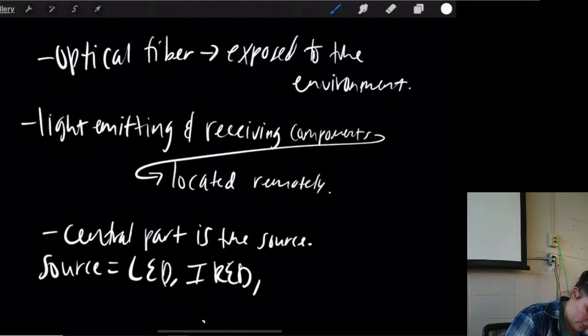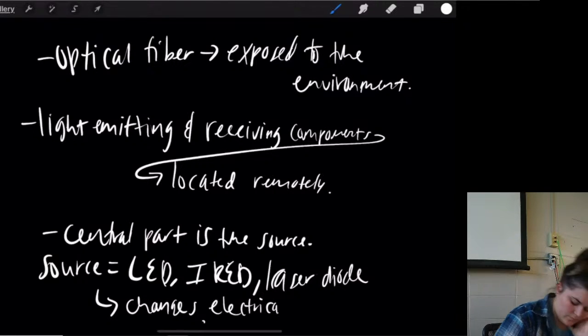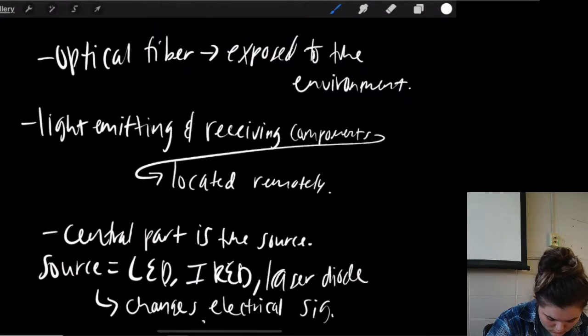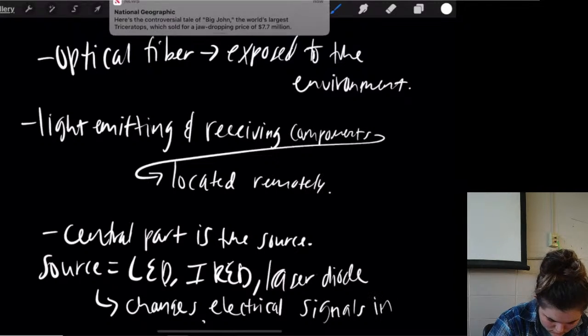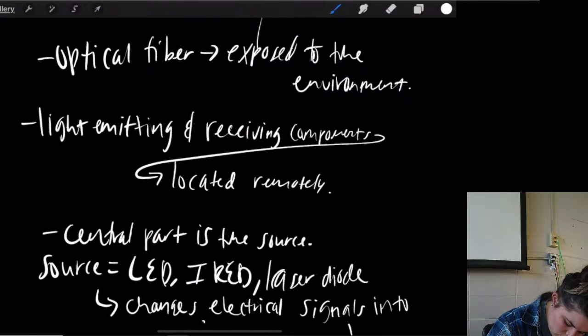IRED or laser diode. And that changes electrical signals into light signals.